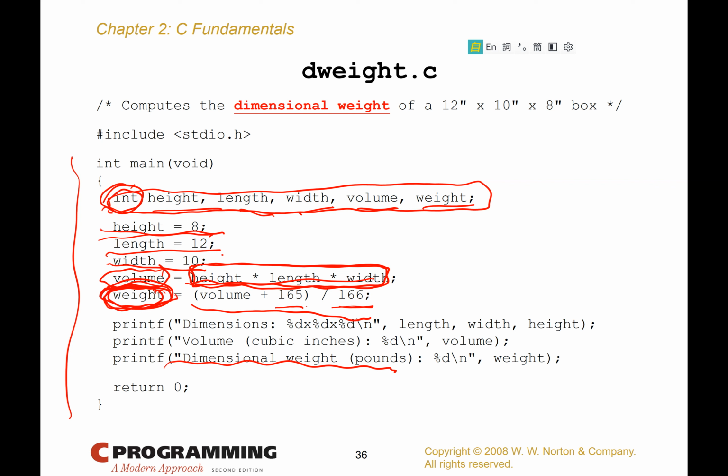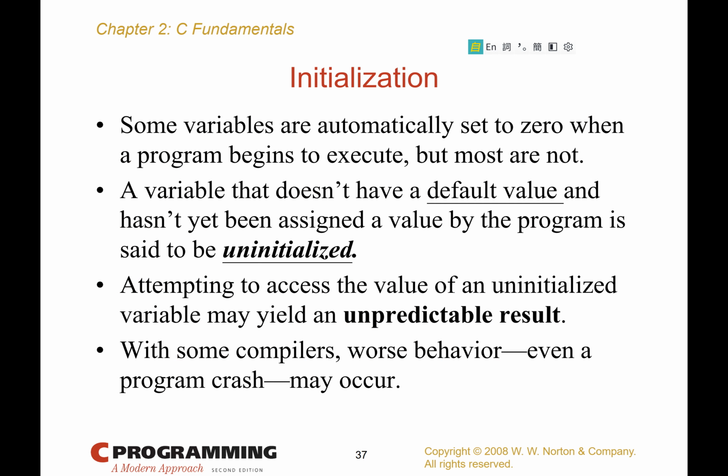The result is saved in the variable weight here. And the result we put in here. And there are 3 printf statements, and return 0. This 0 is int data type. So it's a very simple example.